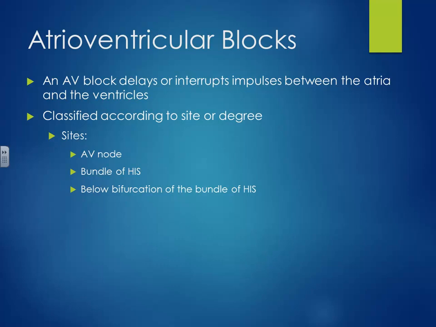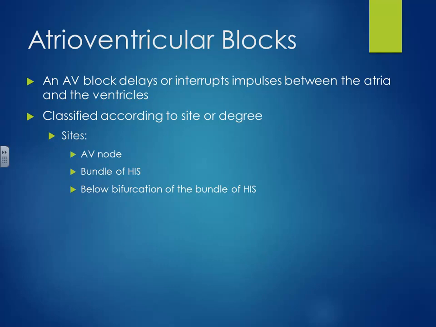So the whole thing with blocks is that there's something that is slowing conduction at the site that it's trying to get through. So with your AV blocks, it starts at the SA node, goes here, there's something that's slowing conduction there. All right? Your first degree, your electrical stimulus starts, it slows it down more than what it needs to, but then it finds a way to go through.